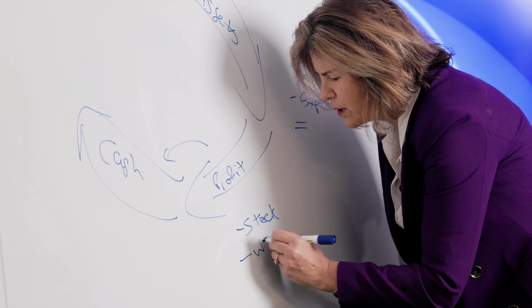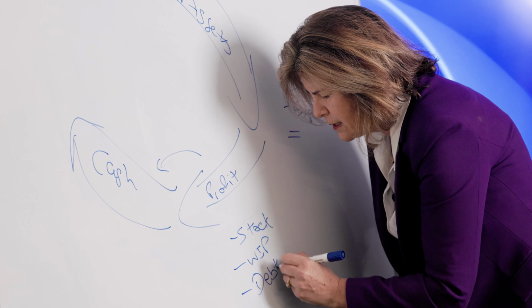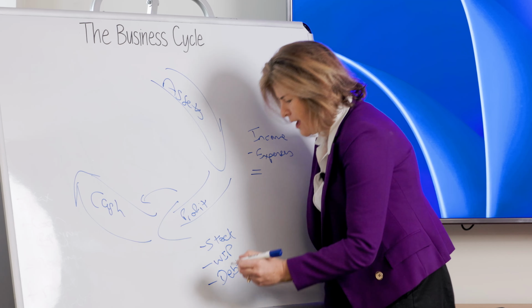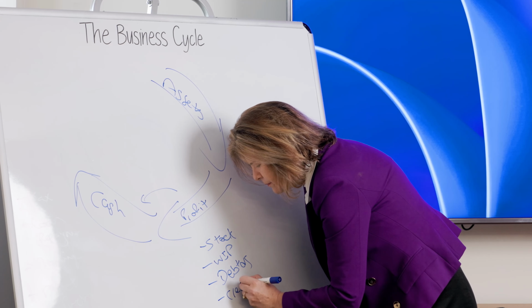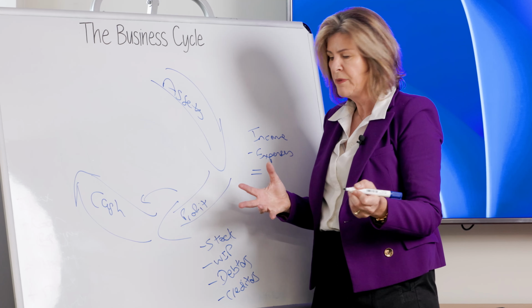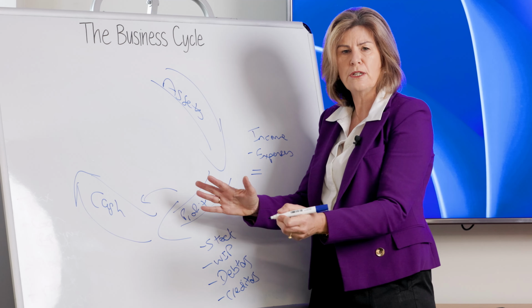The other thing is work in progress and accounts receivable or debtors. So how fast do your accounts receivable pay you? And then creditors, hopefully you're paying the 20th of the following month, not straight away. So all those things, the faster that happens, your profit can turn into cash.